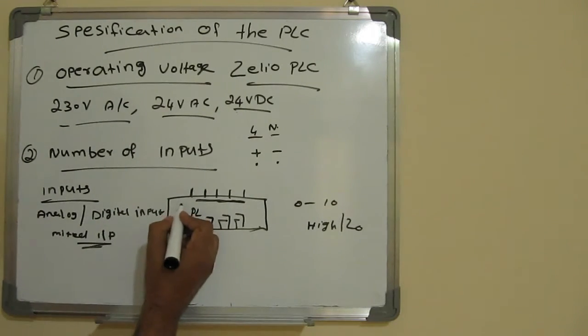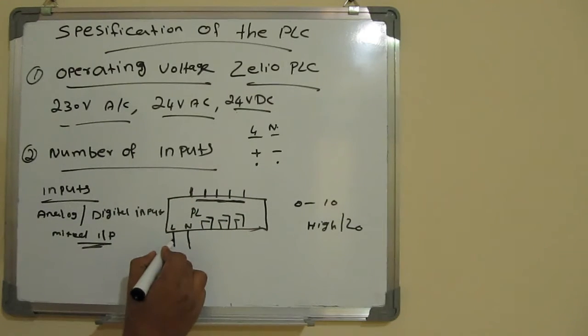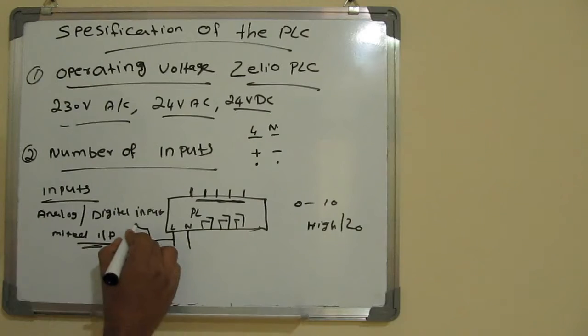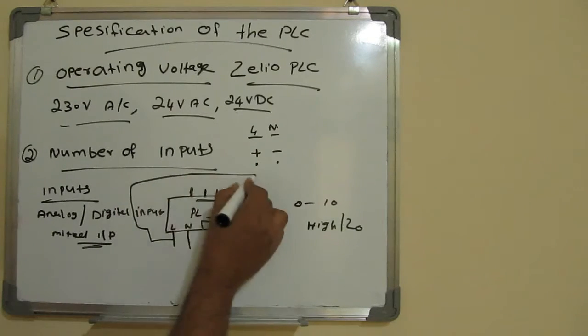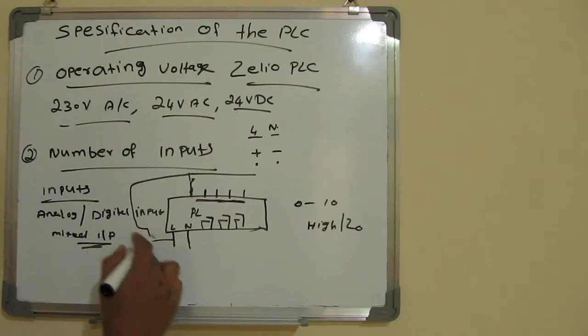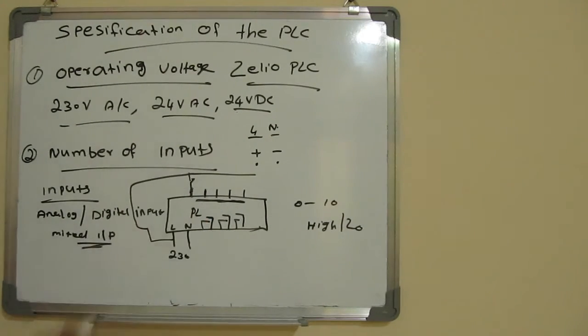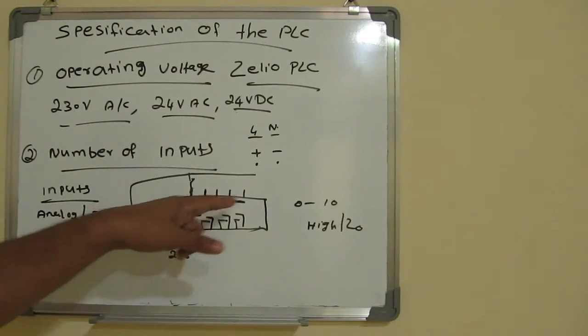Especially for the ZELIO PLC, the wiring of the input is that we have to give the line supply to the PLC input. If it is a 230 volt PLC, we have to give a 230 volt signal to each input.